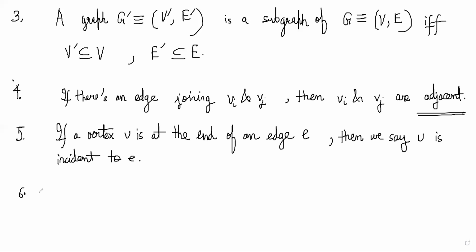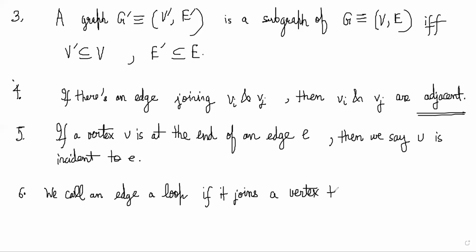Then we call an edge a loop if it joins a vertex to itself.